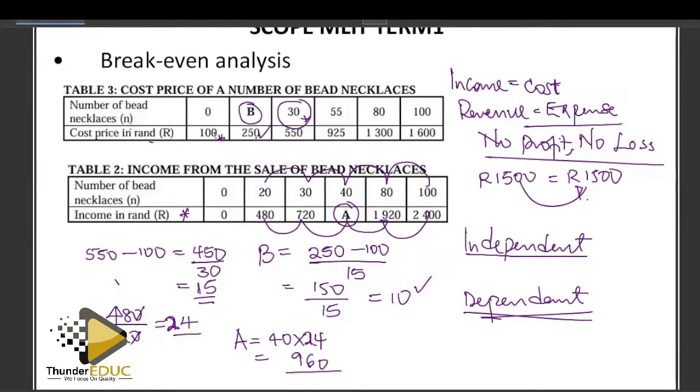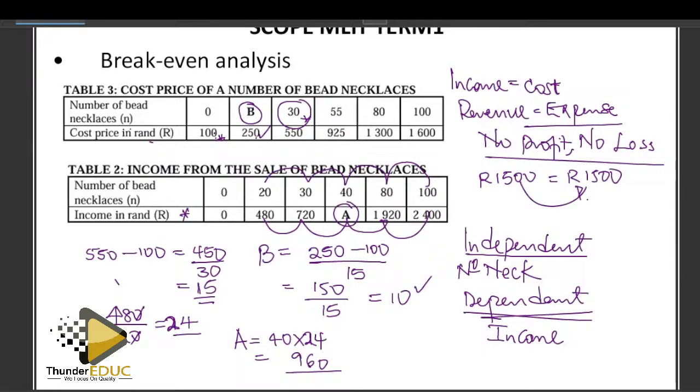For example, the income will depend on the number of necklaces that you've sold. So the number of necklaces is independent, for it does not depend on anything, whereas the income has to depend on the number of necklaces. So income becomes dependent and the number of necklaces becomes independent. It's the number of necklaces that will produce the income that you need.